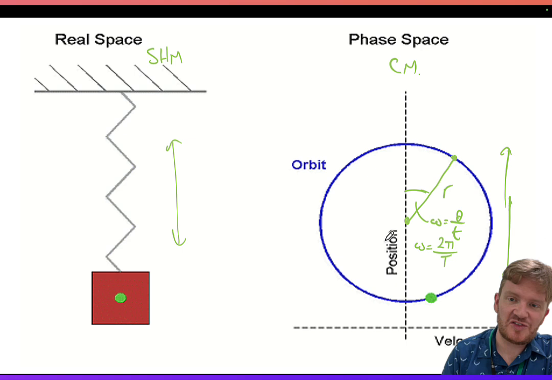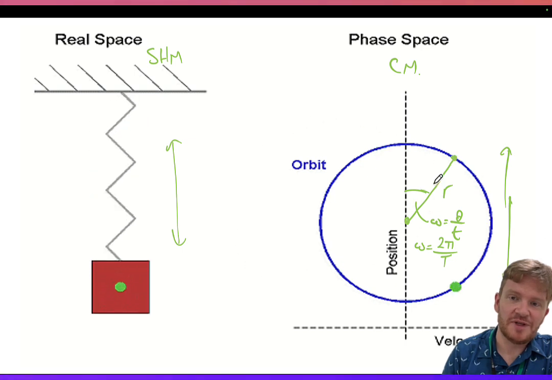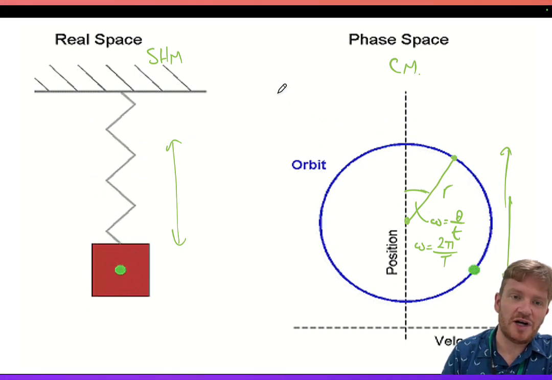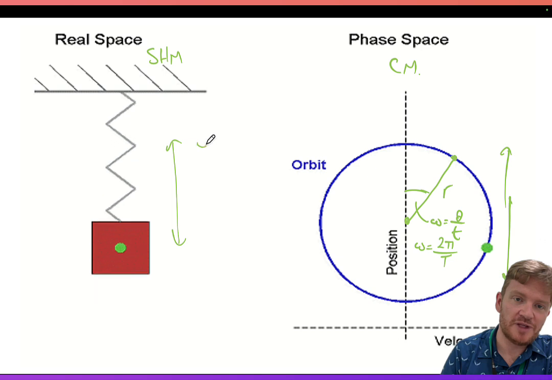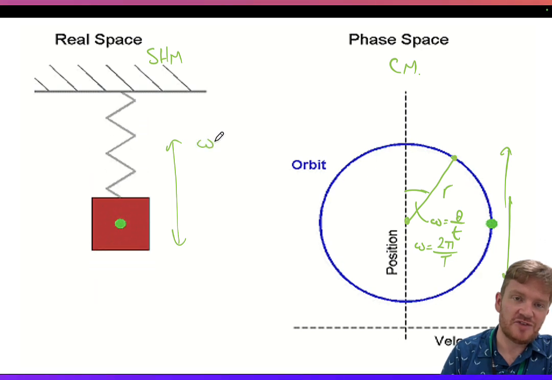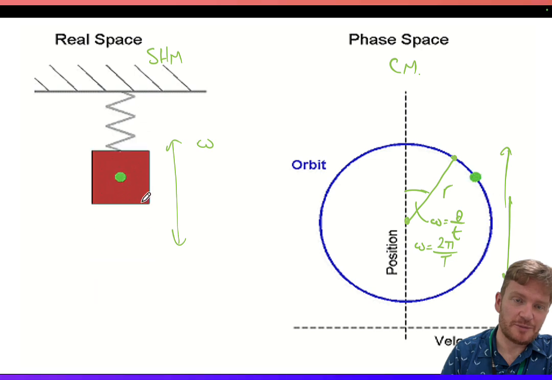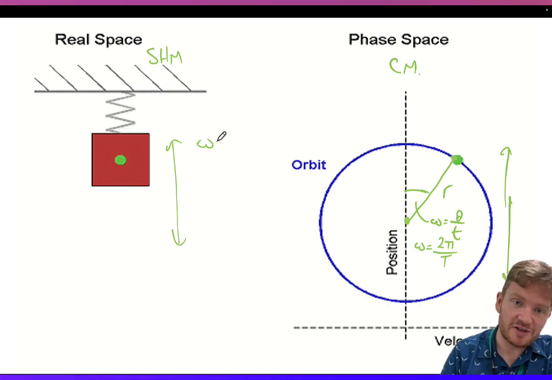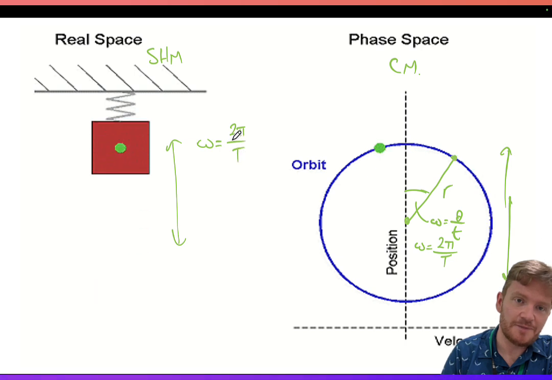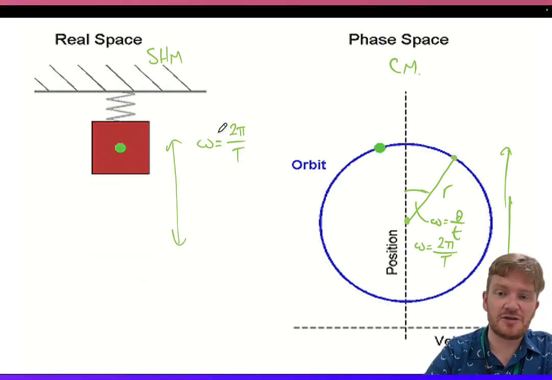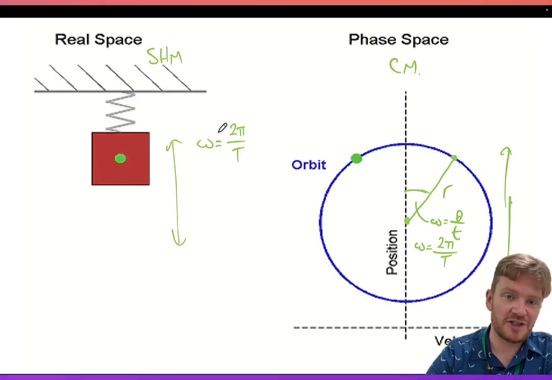So we'll always see a real similarity between them. Now because of that, that's why we often use omega, angular frequency, angular velocity, for something undergoing simple harmonic motion. Even though it's not actually completing a circle, I can still say it's 2 pi over T. Now again, that won't make sense unless you stick around for the final bit where I go through a derivation.